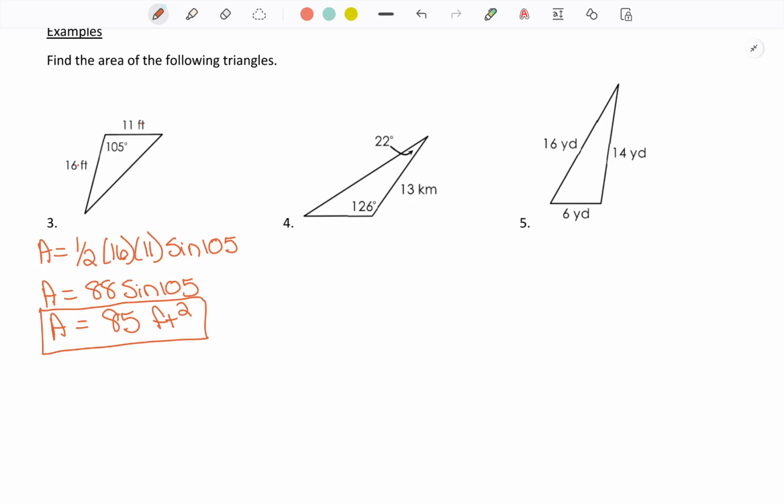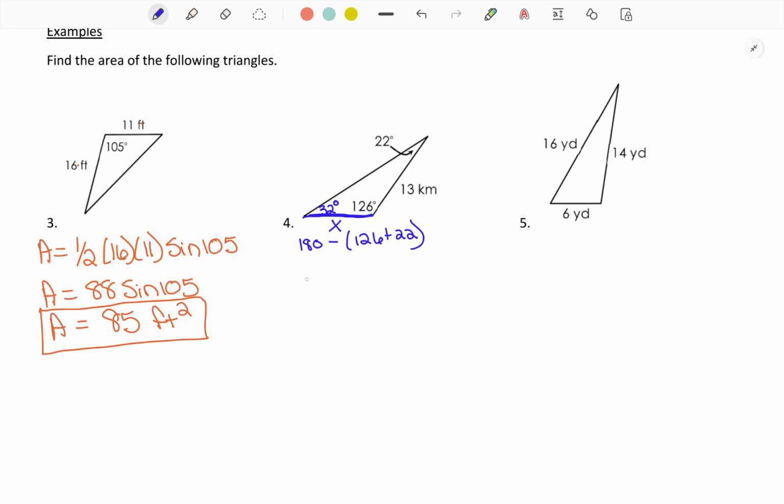So on number 4, with what we're given right now, it's actually impossible to use this formula to find the area of the triangle, but we can do some subtraction. So I have 180 minus, and then 126 plus 22. And that gives us 32 degrees as that one missing angle. So then we can go ahead and set up a ratio to find this missing side right here, and then we'll have an included angle.